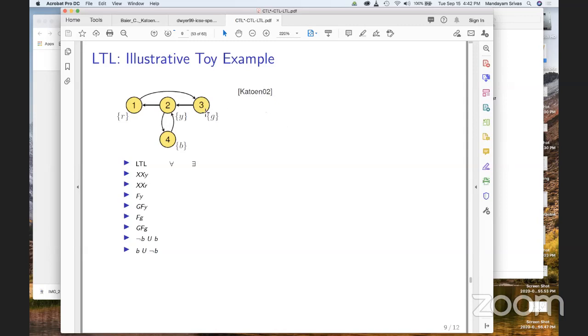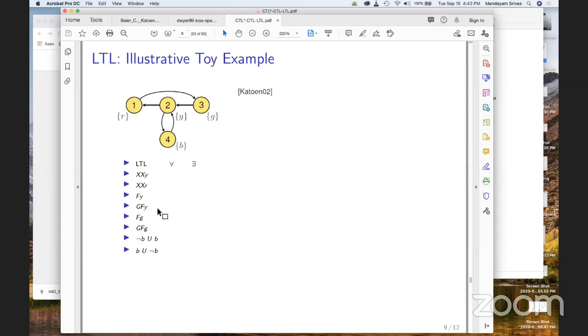Correct. 2 is certainly a state that is on every path, so on every path Y is eventually true. So you're right, F of Y holds good for all states, and therefore, obviously, it is true for exists as well. Now let's do G of F of Y.